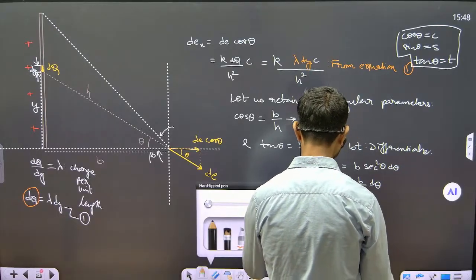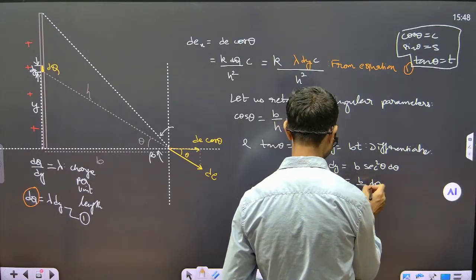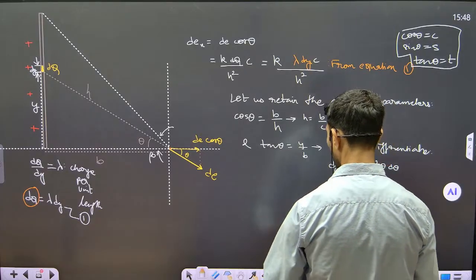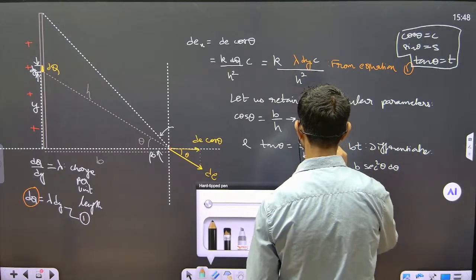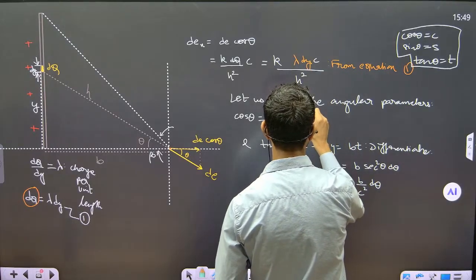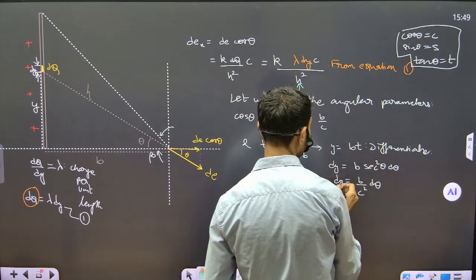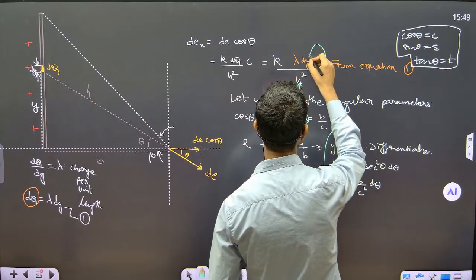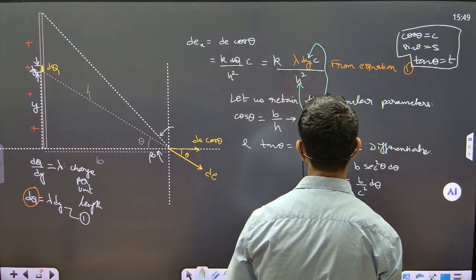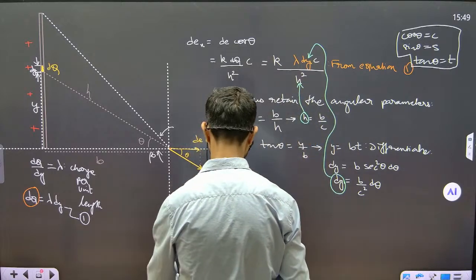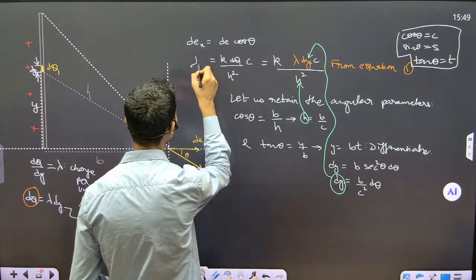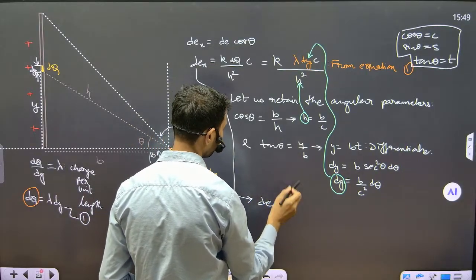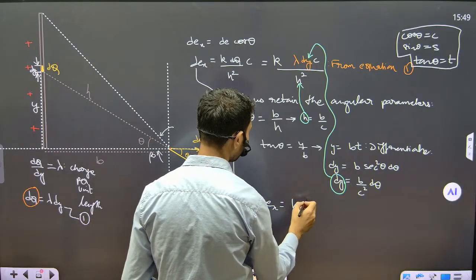So you see, dy we are getting it as what? dy is equal to b by c square into d theta, right? Now what we can do is put the values. So let's take the value of h from here and put it there. Then we take the value of dy and put it there. And after doing all that, we get dEx. dEx is equal to k lambda into dy.